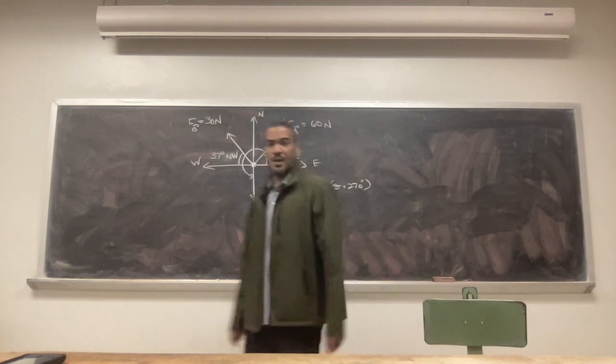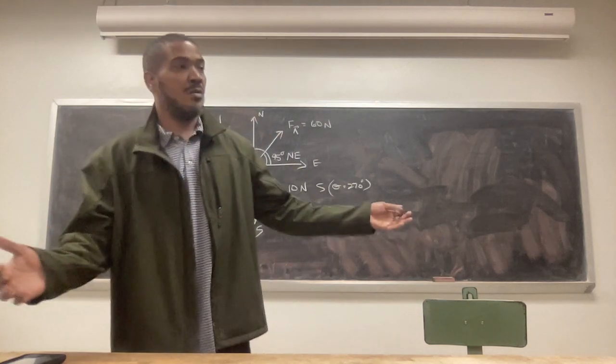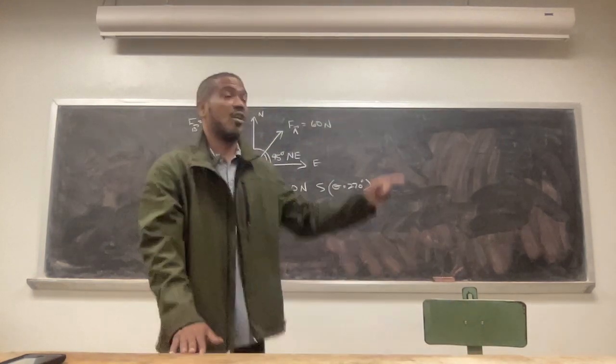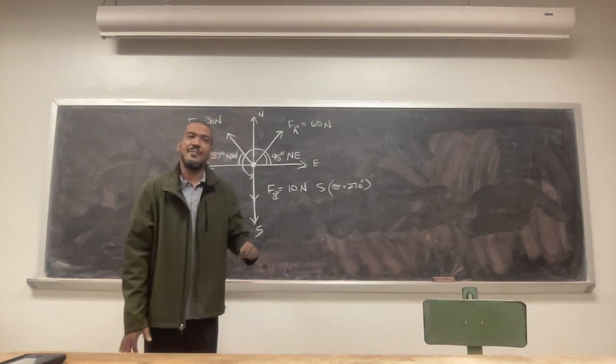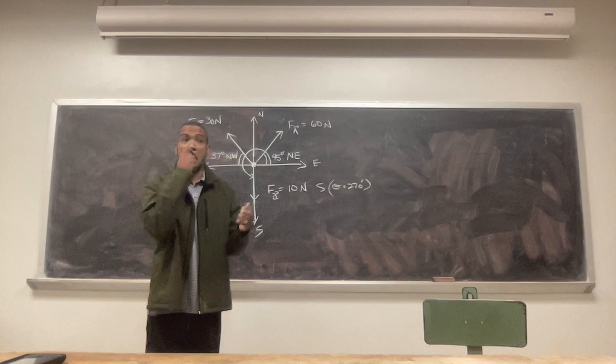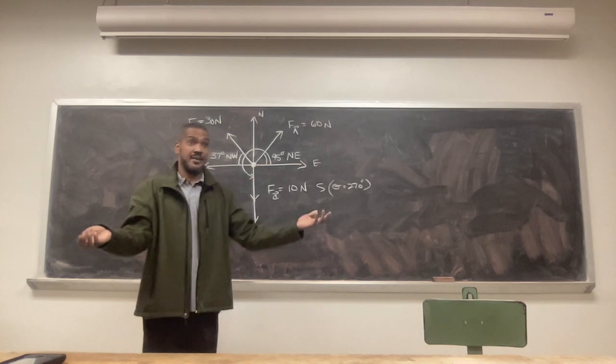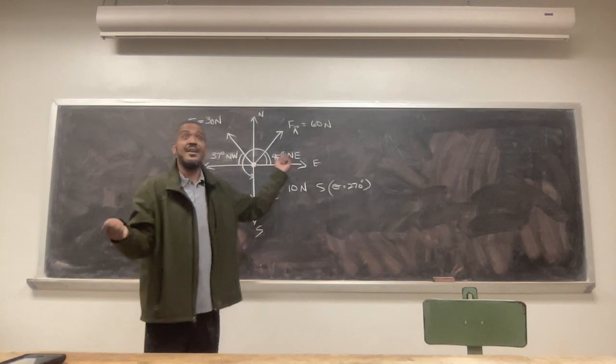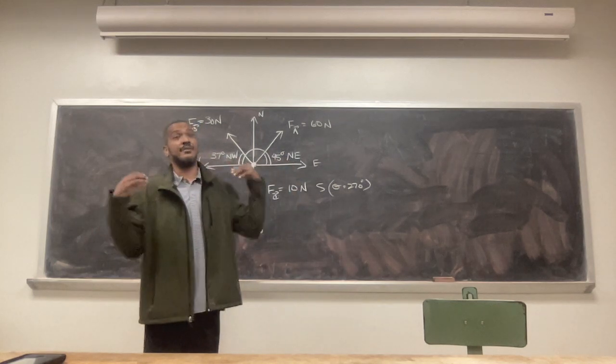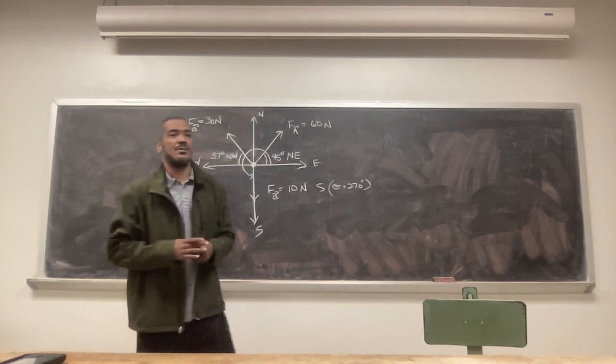I want to know in what direction and what magnitude my particle experiences force when it's undergoing all of these forces at the same time. That means I have to add the forces, which are vectors.